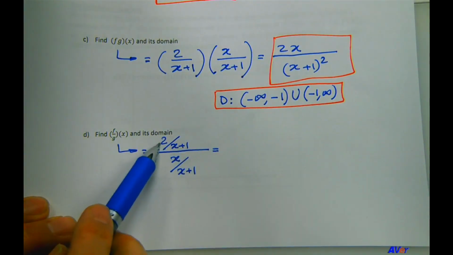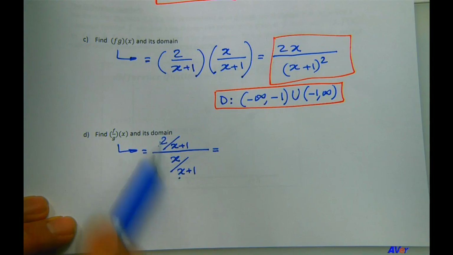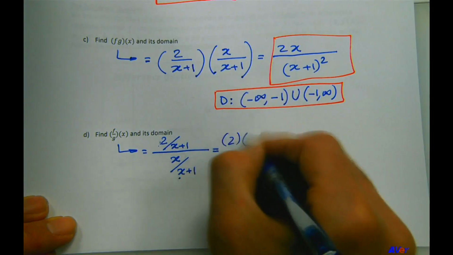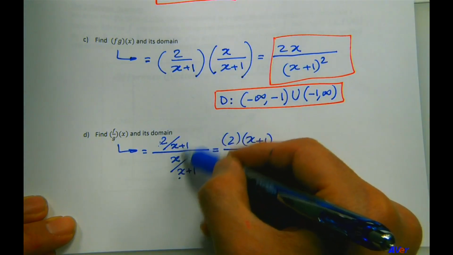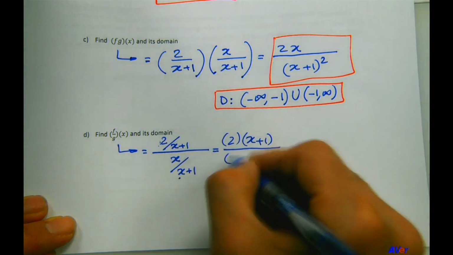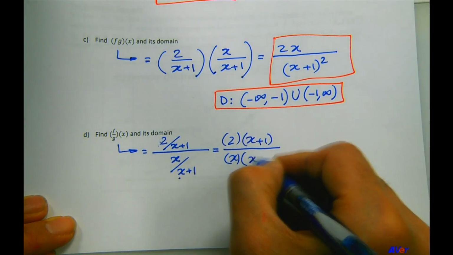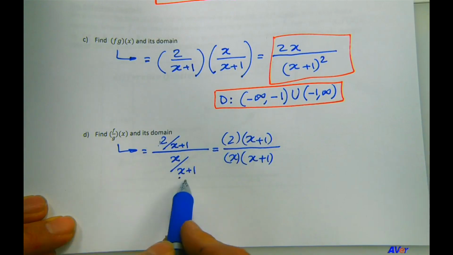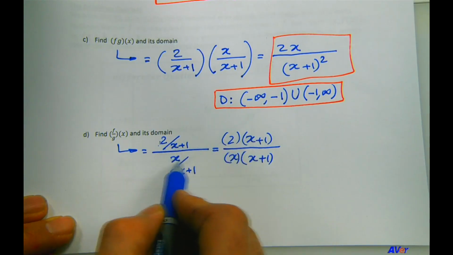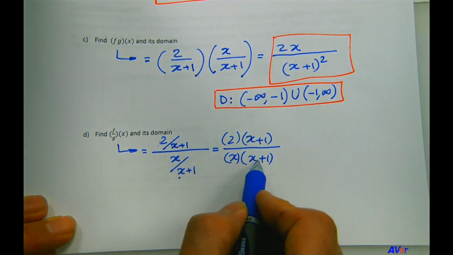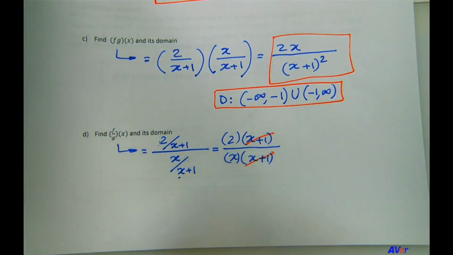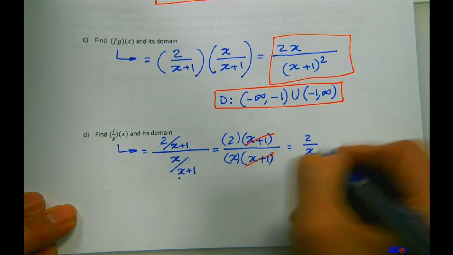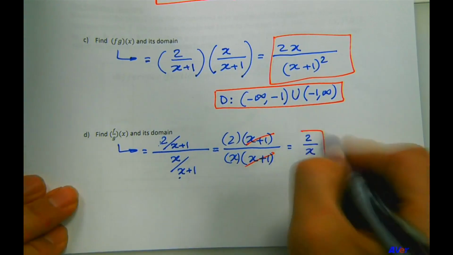Look at the numbers or entities or expressions that are farthest away from each other, 2 and x plus 1. Multiply them and put them in the numerator. Look at the terms that are nearest each other, x plus 1 and x. Multiply them and put them in the denominator. So 2 times x plus 1 in the numerator, x plus 1 times x in the denominator. Okay? Now, can we simplify anything? Yes, we can. So what do we get? We get 2 over x. And that's the combined function. That is the final result.